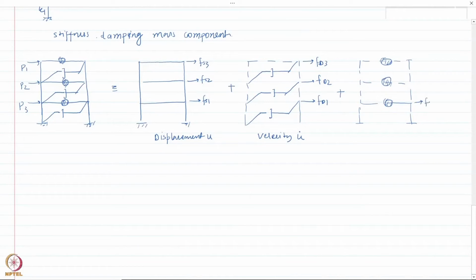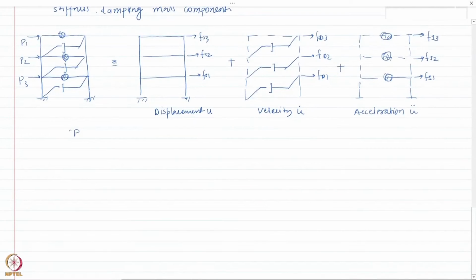I'm going to write them here: Fi1, Fi2, and Fi3. In general, the total applied force is actually the sum of the individual components. Let me also write down the acceleration, u double dot. So the vector P here is the sum of vector Fs, vector Fd, and vector Fi.